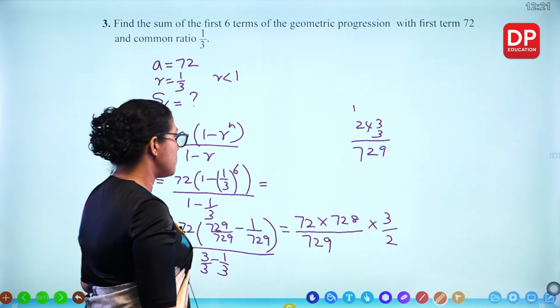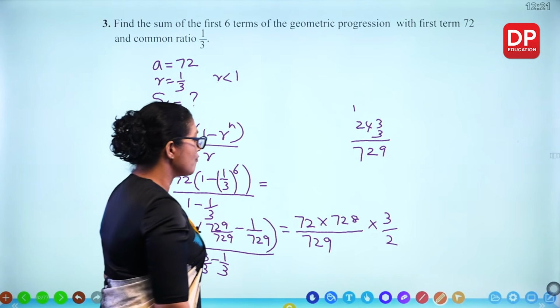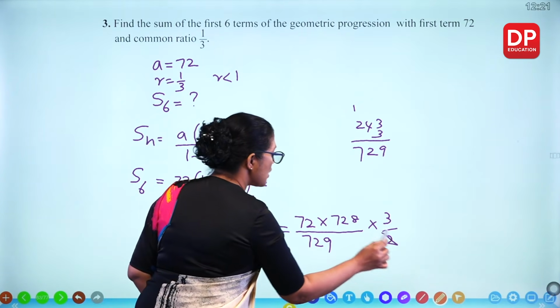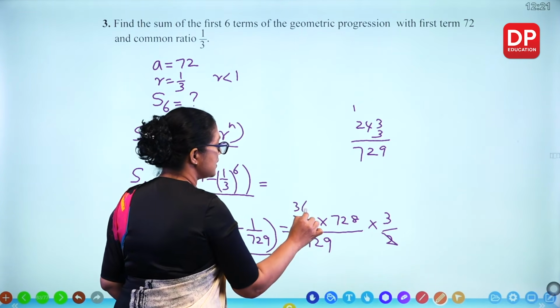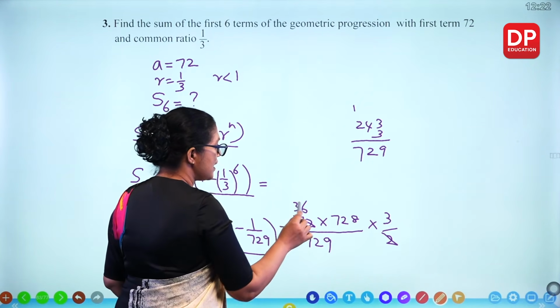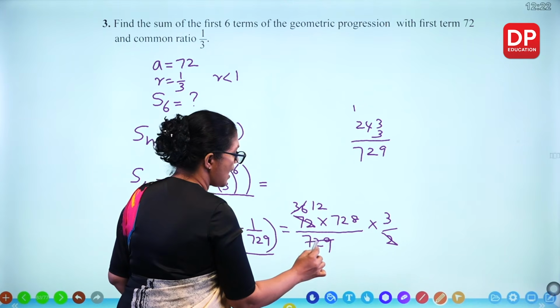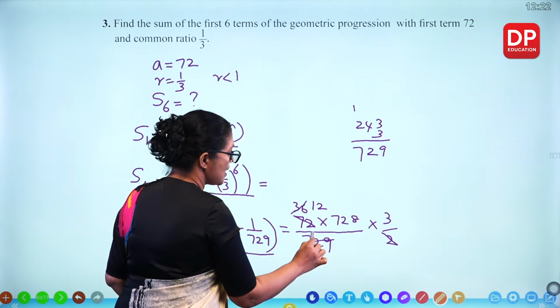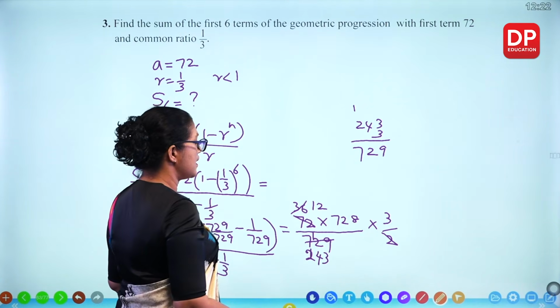Now try to simplify. 2 times 36. Then 3 times 12. 3 times 1, 2, 6, 4 and 3.